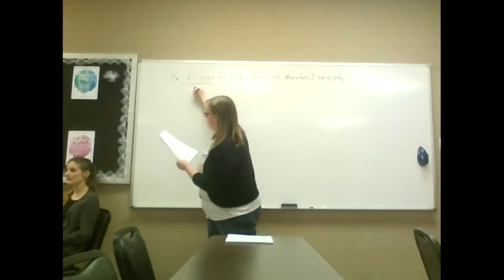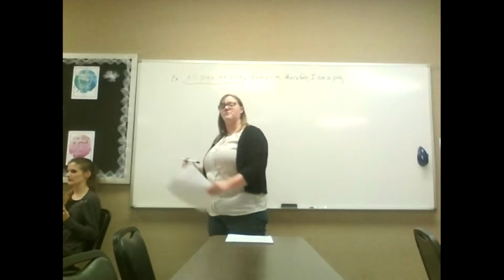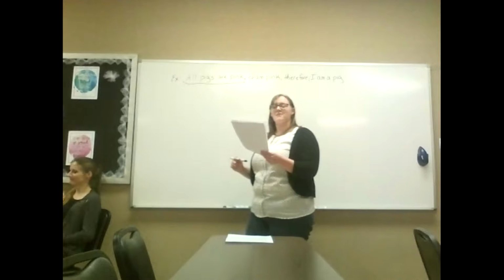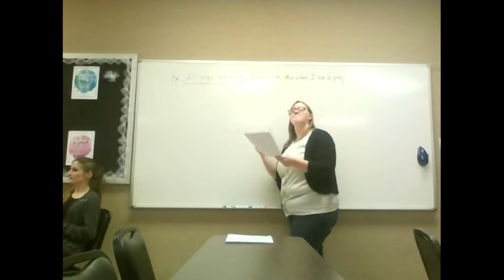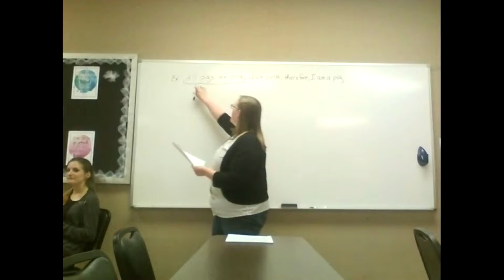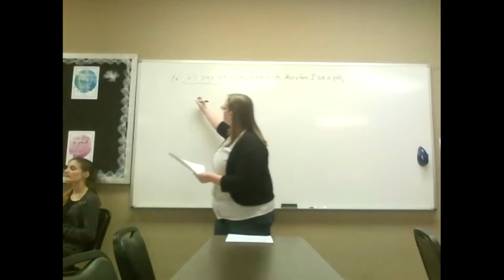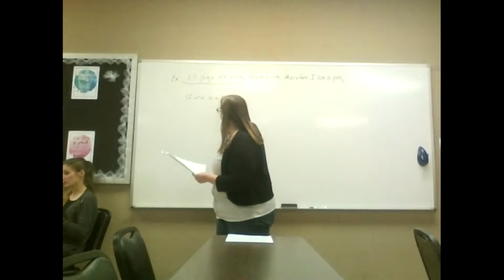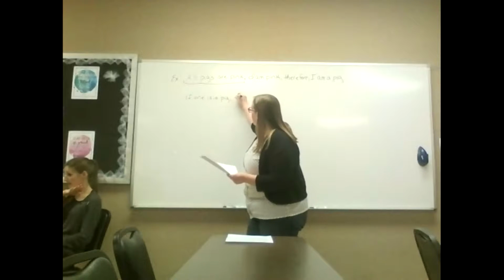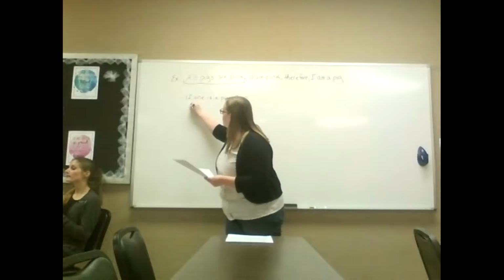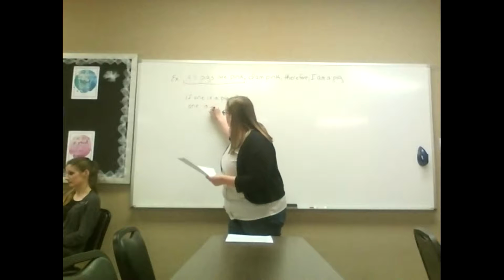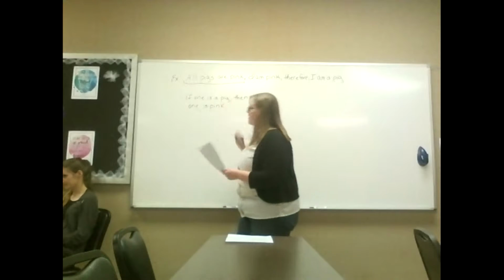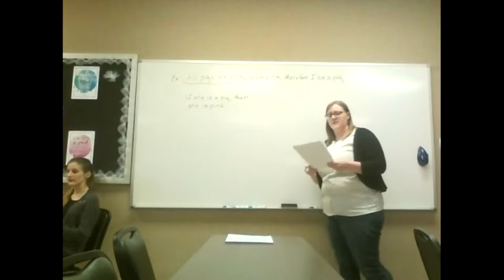So, oh wait, that is step 1. My bad. Step 1, take the solid fact given and make it an if-then statement. So under step 1, we're going to turn this into an if-then statement. So it'd be if 1 is a pig, then 1 is pink. So you transform that into an if-then statement.